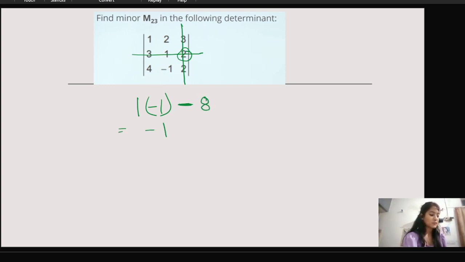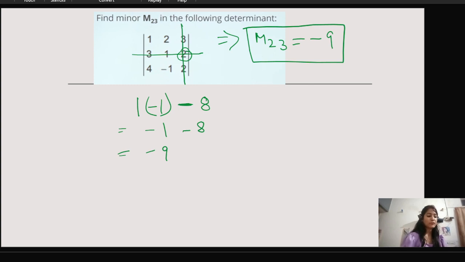So minus 1 minus 8 is minus 9. So M23 is minus 9. Okay, have you understood how we find the minor of any element? So we are getting minus 9.